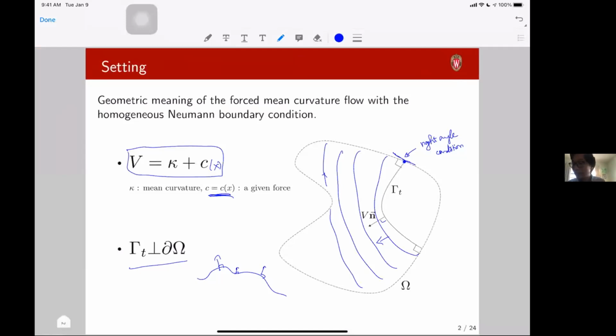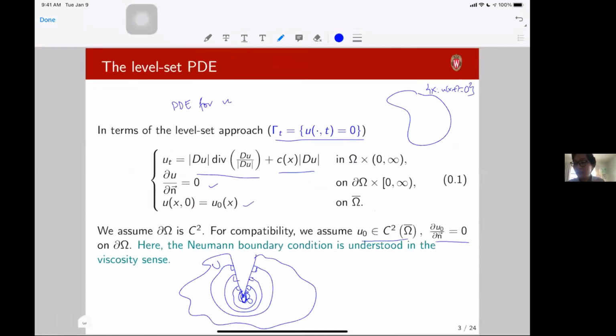The condition we impose here is understood in the viscosity sense, so it's a weak sense. We haven't understood until what time we have holes in the classical sense, and at that time, what is really happening on the boundary.